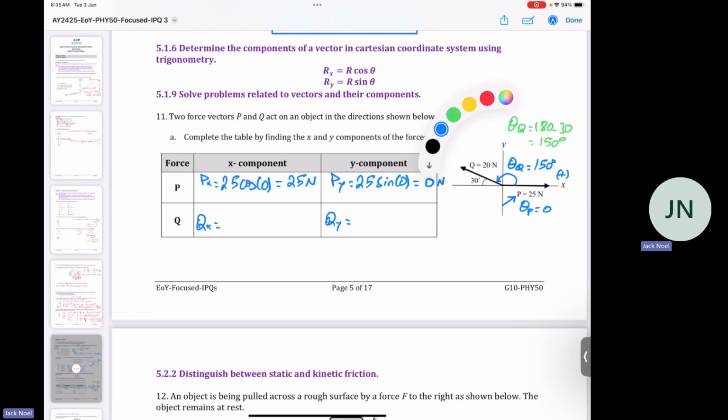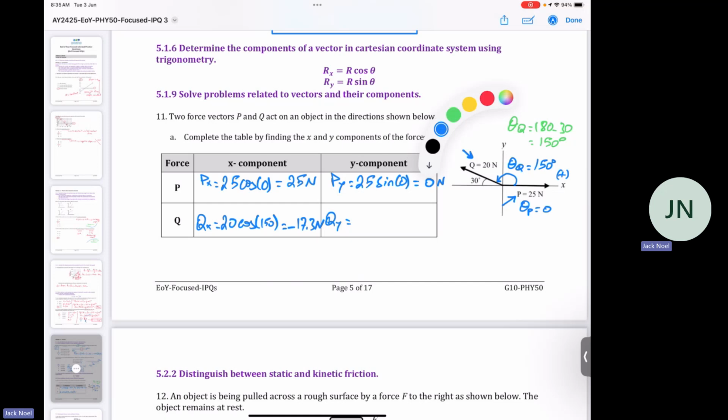Now, regarding qx, q is again nothing but 20. So it's going to be 20 cosine the angle 150. Okay, if you put this on the calculator, it's going to give you negative 17.3 newtons. Just let me make sure if this is the right answer. It is the correct answer.